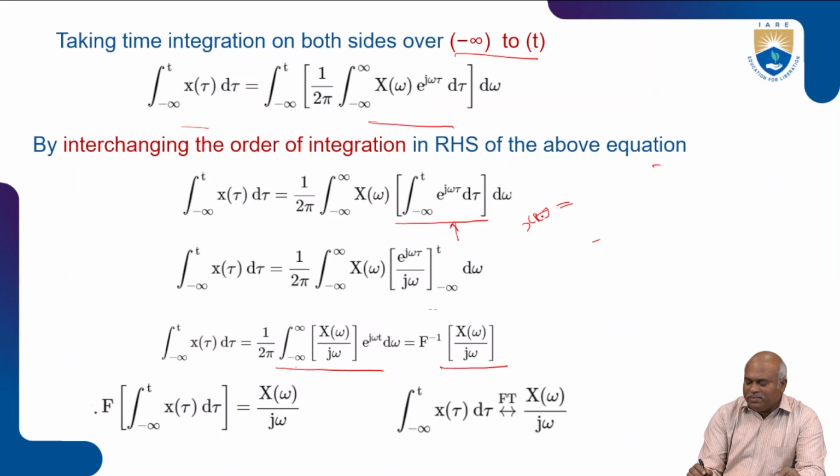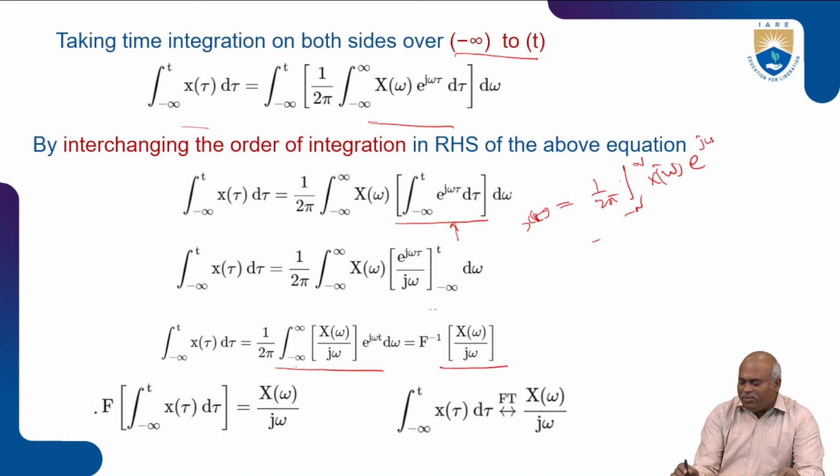x of t is equal to 1 by 2 pi, integration of minus infinity to plus infinity of X of omega e power plus j omega t d omega. We represent this as the inverse Fourier transform of X of omega, which is equal to x of t.